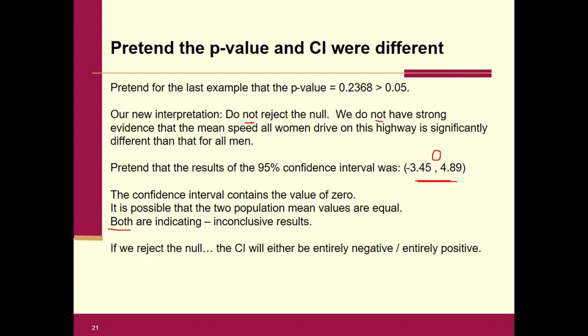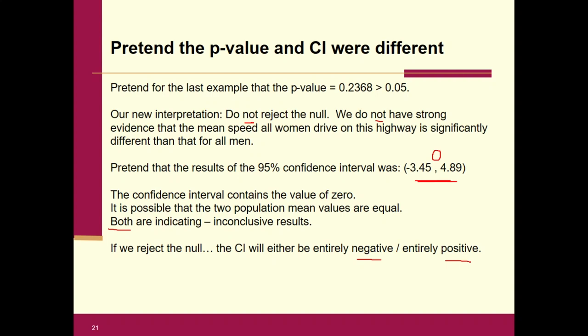All right, now if you go back to the first two problems, notice we rejected the null hypothesis in both of those. What's going to happen then is that your confidence interval will be either entirely negative or entirely positive in that situation. So when you reject a null, the confidence interval is going to be either entirely negative or entirely positive.